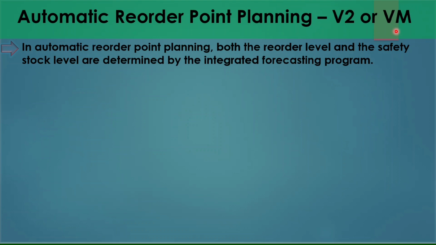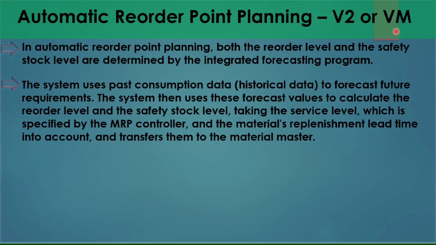First, in automatic reorder point planning, both your reorder point and safety stock level are determined by the system itself depending on a forecasting program, and that forecasting program uses historical data.